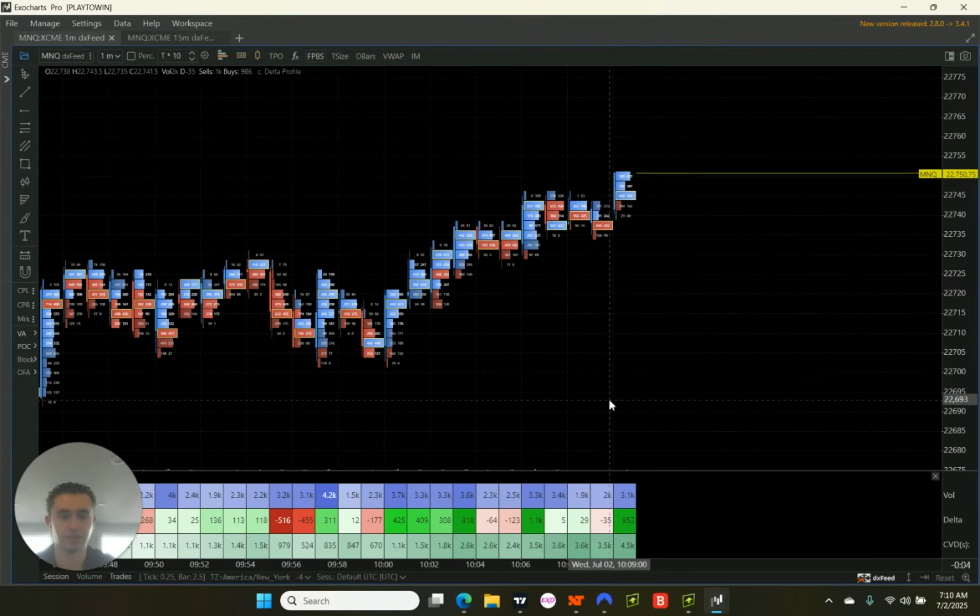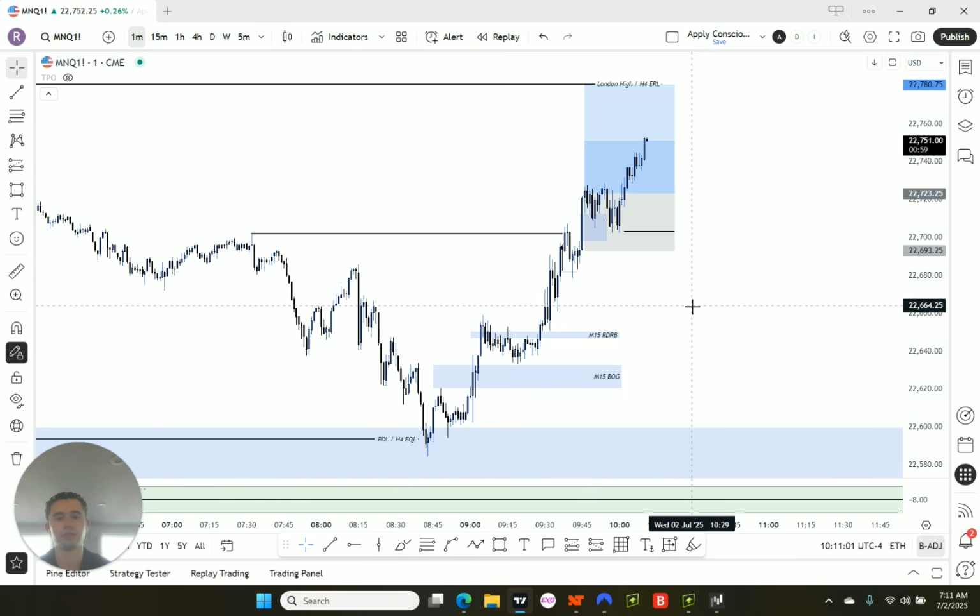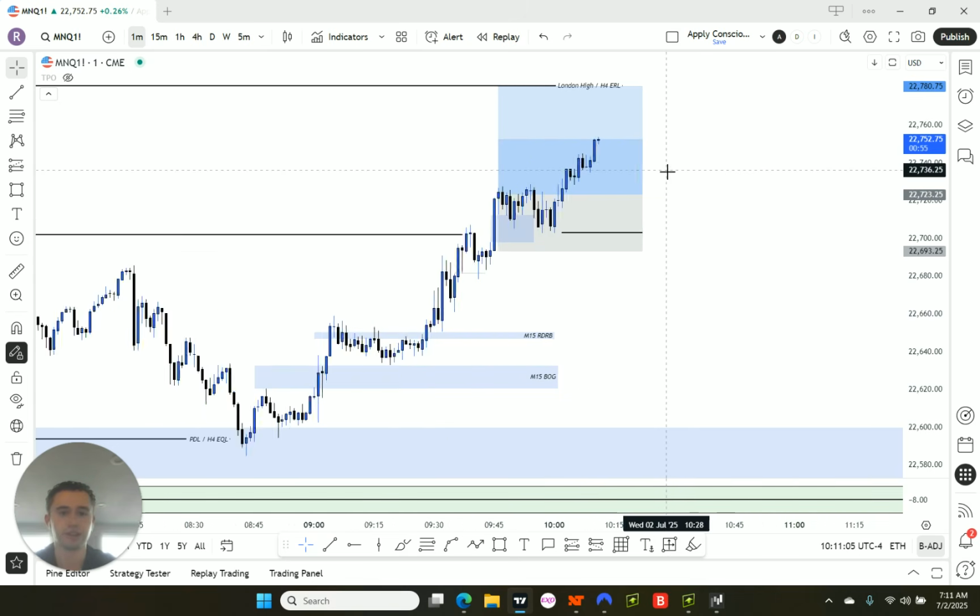This is getting a little higher. This is getting to a point where I'd probably trail. I would just say, honestly, see if a fair value gap holds.